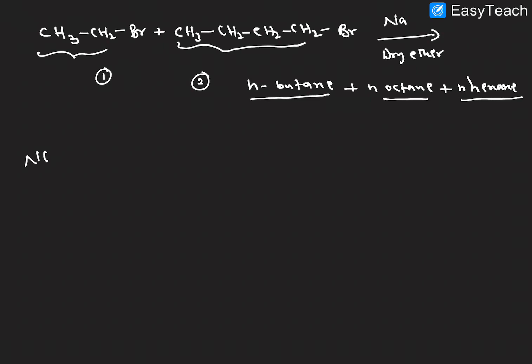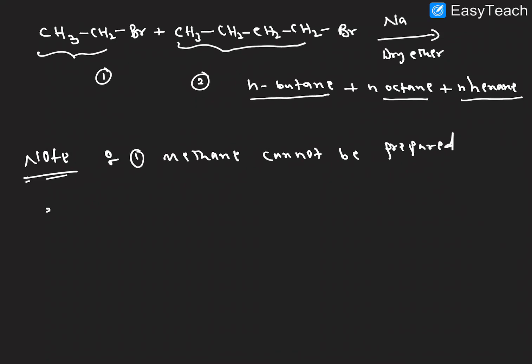Next, an important note: by using the Wurtz reaction, methane cannot be prepared. Then, tertiary alkyl halides do not give this reaction.